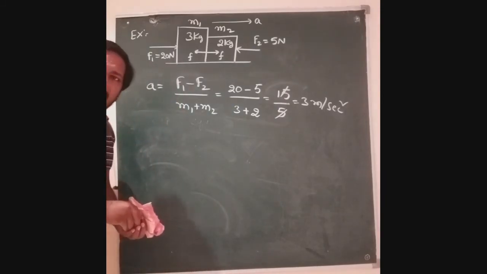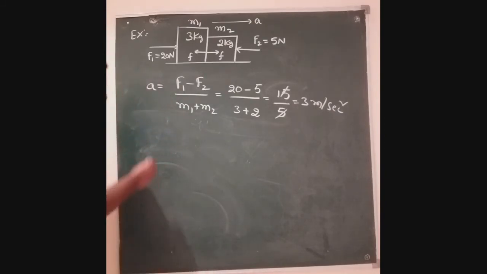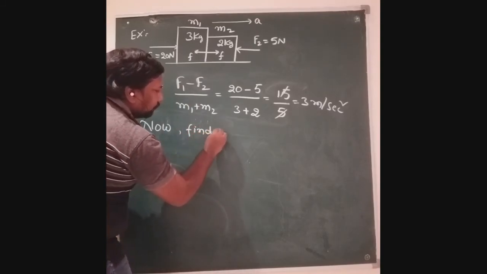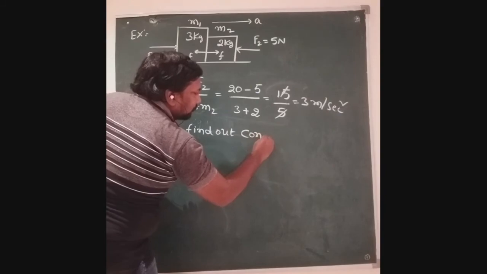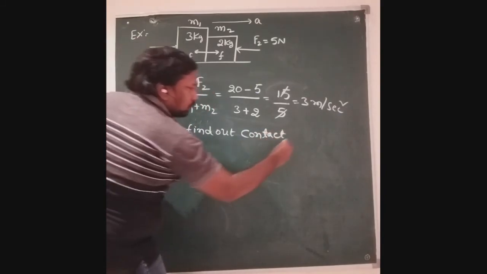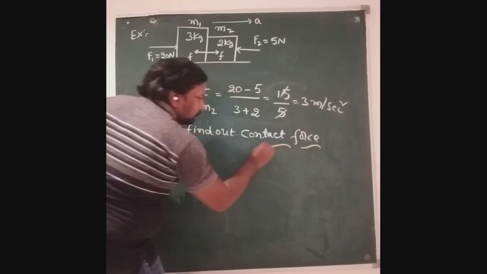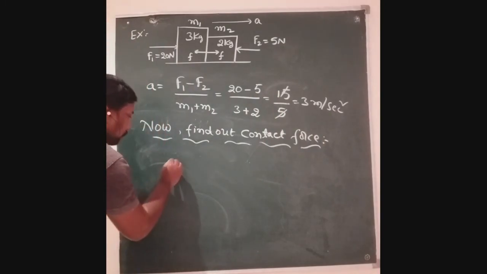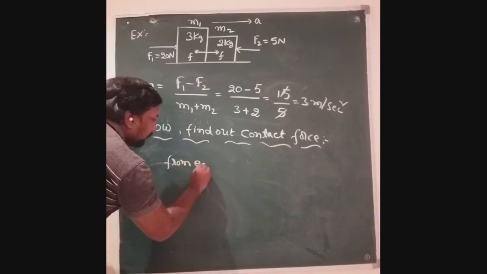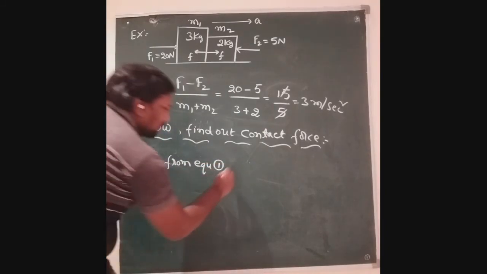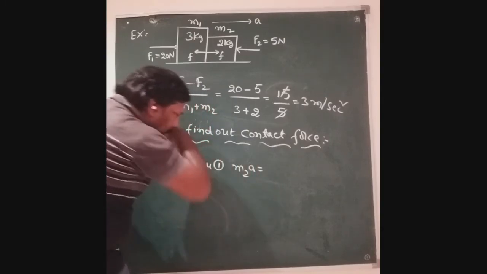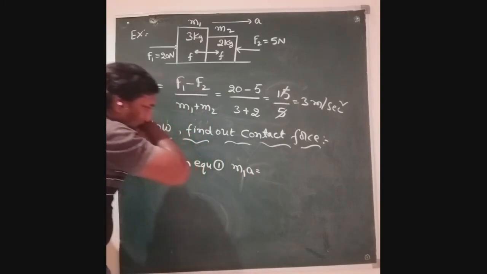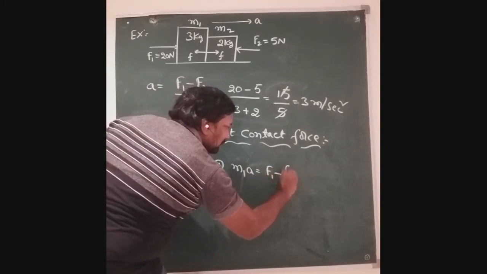Now we can find the contact force. From equation 1, M1a equals F1 minus small f.